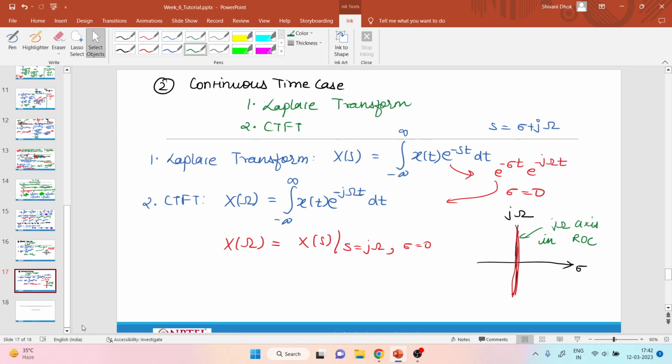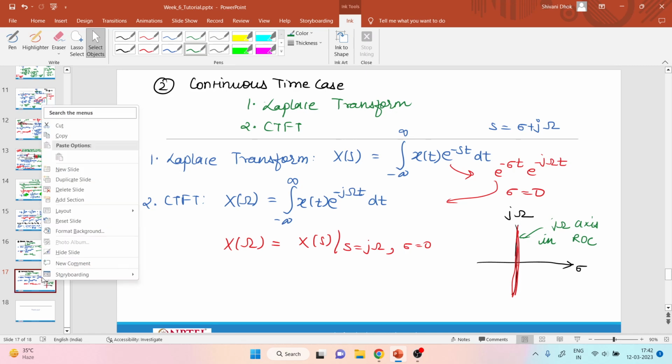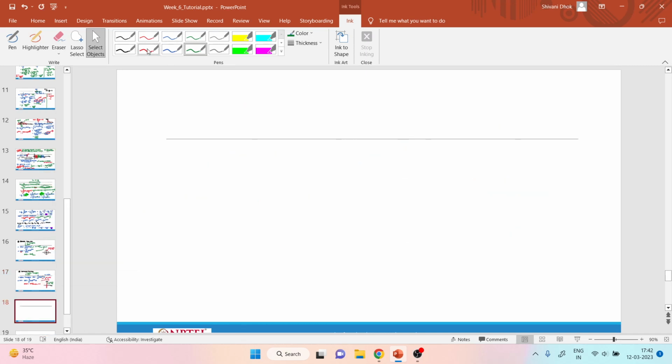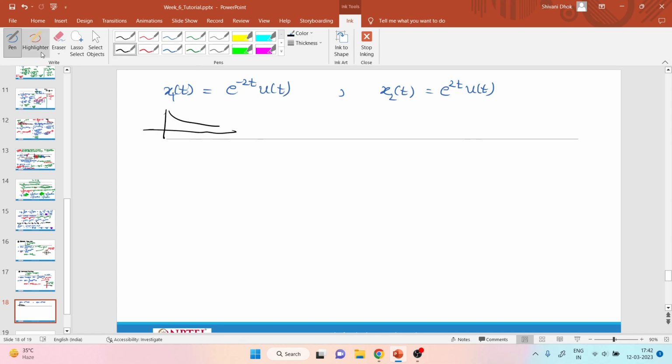Another way to visualize this: let's take the Laplace transform case. I have two signals. x1(t) is equal to e power minus 2t u(t), and x2(t) is equal to e power 2t u(t). The first signal decays, and the second signal is diverging, it goes to infinity.